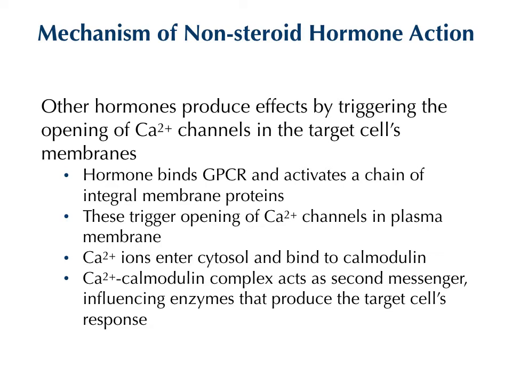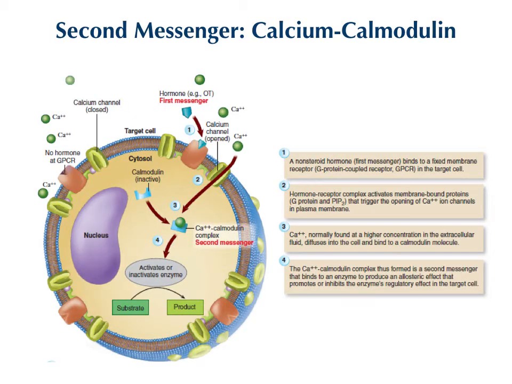And so ultimately this is the goal, the formation of this calcium calmodulin complex, which again acts as our second messenger. And here it will influence enzymes that will produce the target cell's response. And we'll take a closer look at this in the next slide.